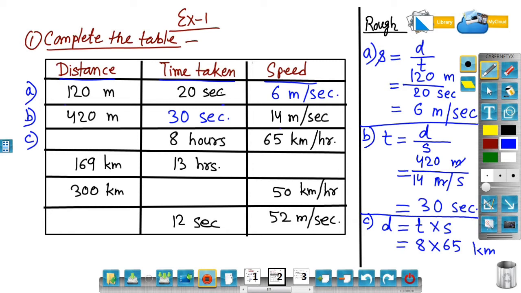The distance is in kilometer. By multiplying this, we can find the resultant distance, which is 520 kilometer. Understood? Are these topics clear for you all?